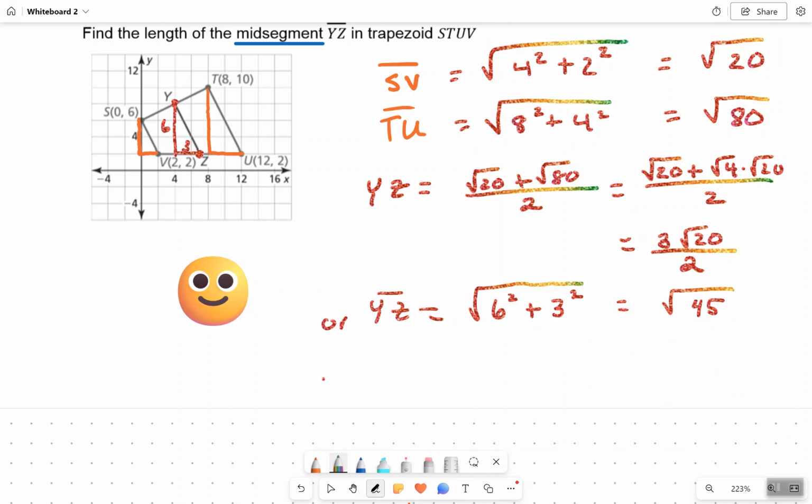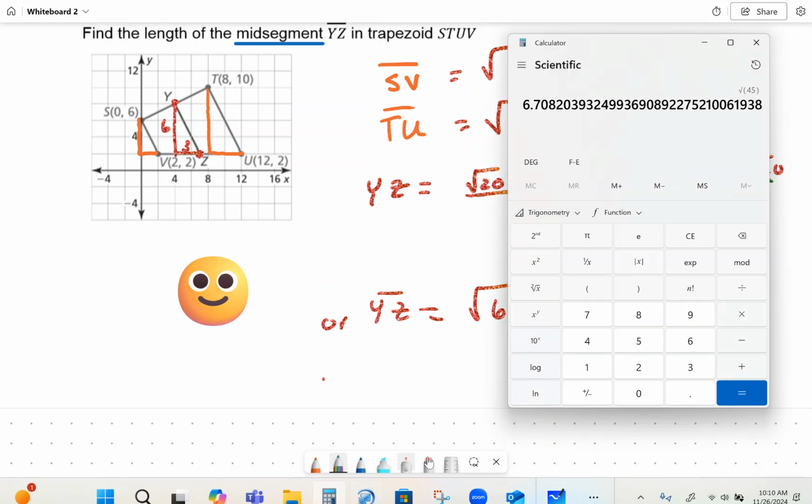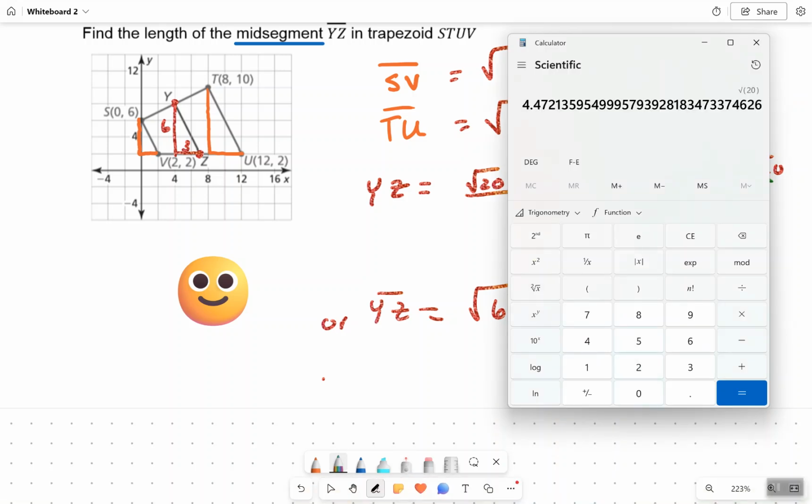But 3 root 20 over, oh, I think I forgot to divide. Okay, so the square root of 20 first, right? Times 3, divided by what? 6.71 about, right? Wasn't that the same thing as the square root of 45? Worked. Either one would work, right?